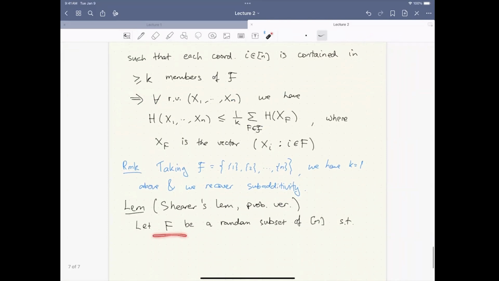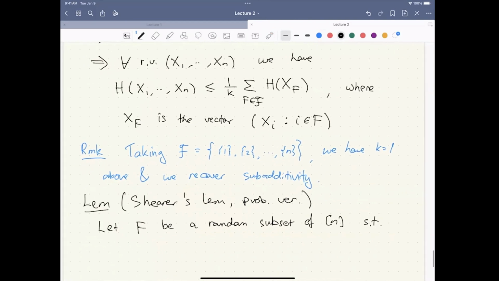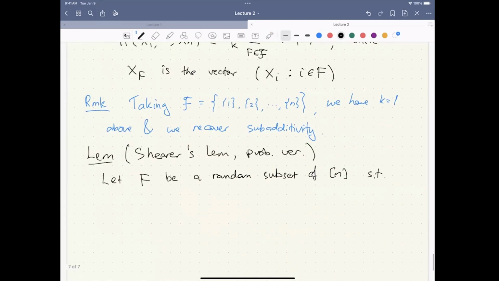Now for a random set, we want each coordinate to be contained in this random set with decent probability. A lower bound on the probability, such that for any i in [n], the probability that this coordinate i is contained in the random set F is at least mu.